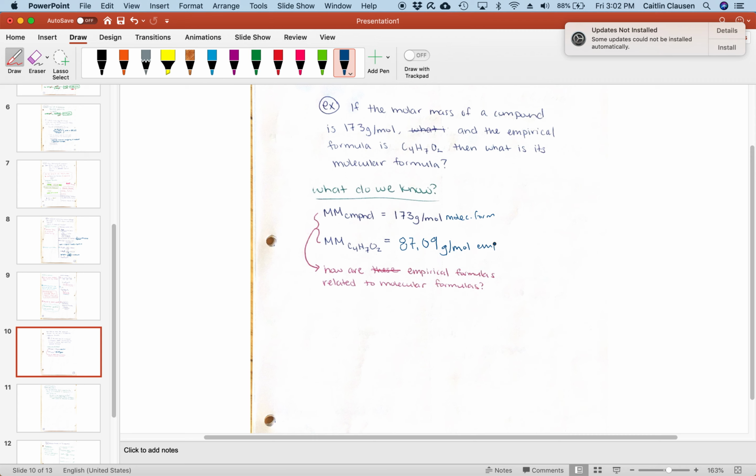This is empirical. And we actually want to know the molecular formula of a compound that weighs 173 grams per mole.